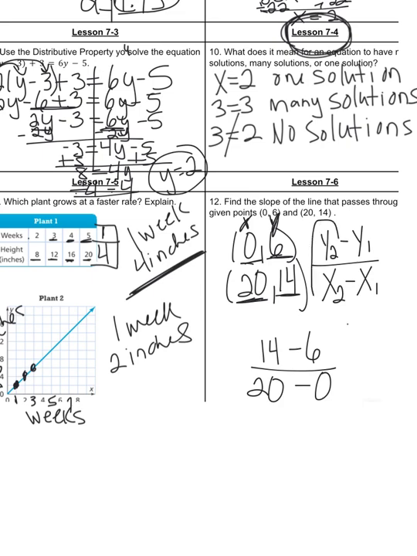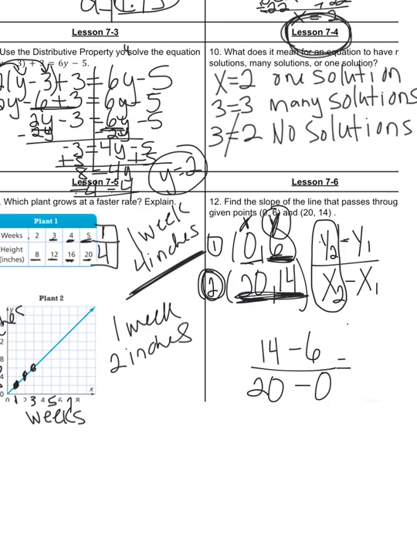Remember that these two right here have to be in a complete ordered pair. I can't take the 14 first from the second pair and then the 0 from the first pair. Some students like to say y in group 2. Here's my y, here's group 2. So it's 14 minus my y in my first group to keep it straight.